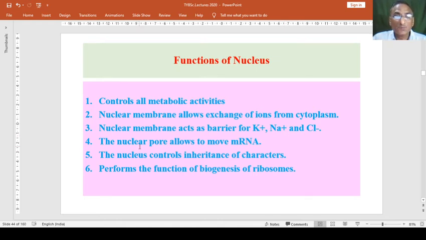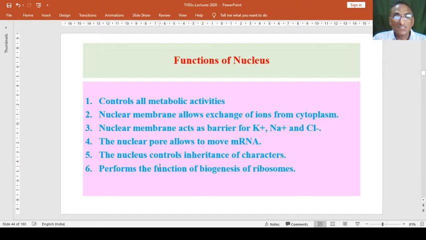The nuclear pore allows mRNA to move, which is basically for protein synthesis. This maintains the potentiality of the ions, and it controls metabolic activity, meaning digestion of the cell, energy release of the cells and likewise activities.